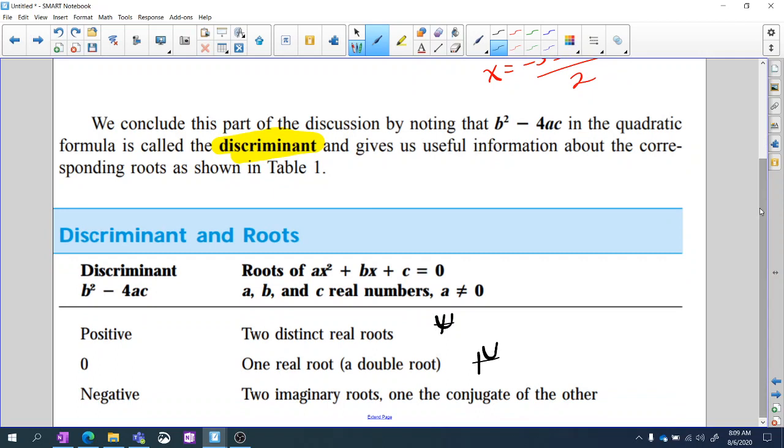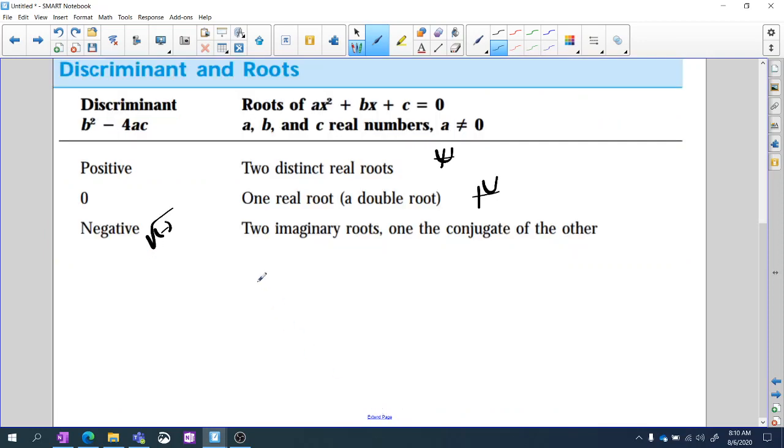And finally, if this value was a negative number, that would mean that under here you're getting some negative number. You can't take the square root of a negative number, which means you get two imaginary roots. That's what I was talking about. So often too they'll say no solutions. It's another descriptor for it.